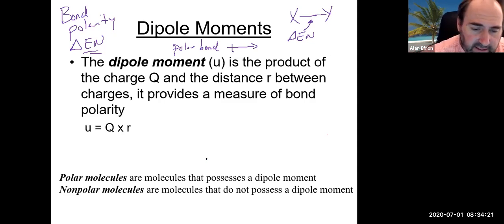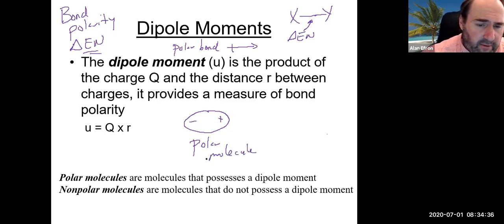So if we do get that situation where there's a positive side to the molecule and a negative side to the molecule, that is what is known as a polar molecule. And all polar molecules will have what is referred to as a dipole moment. And oddly enough, the dipole moment is represented with the same type of arrow that we used before.